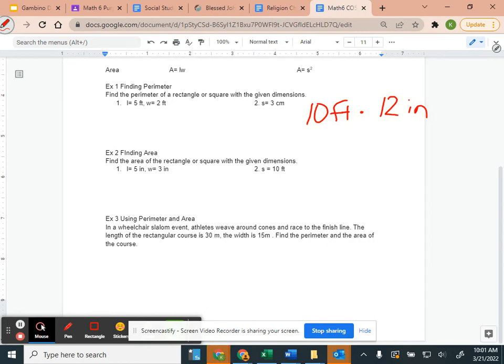We would have to convert it. 12 inches is 1 foot. So if we did 10 feet times 1 foot, then it would be feet squared. When you have two different measurements, you wouldn't say feet inches squared. That would be kind of goofy looking. So you have to convert it to the same measurement. That answer your question? Yes. Okay.